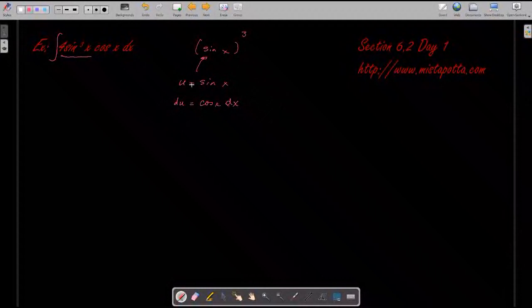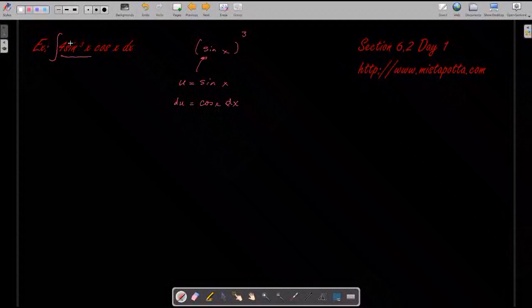My job is to make sure that I'm able to rewrite everything else in my function in terms of this du. So the thing is, du equals cosine of x dx.